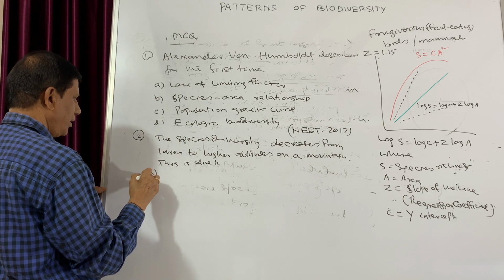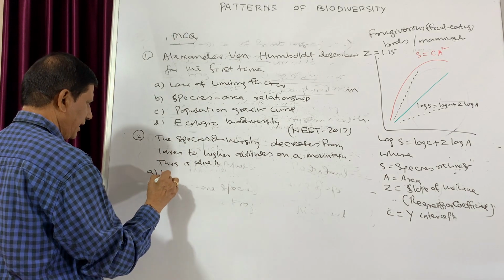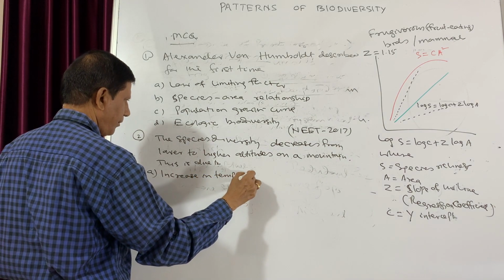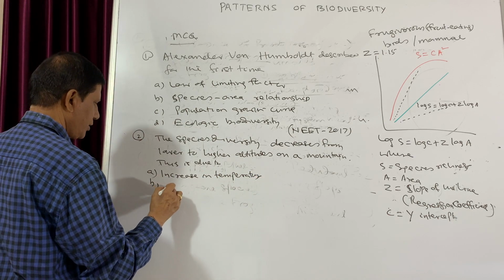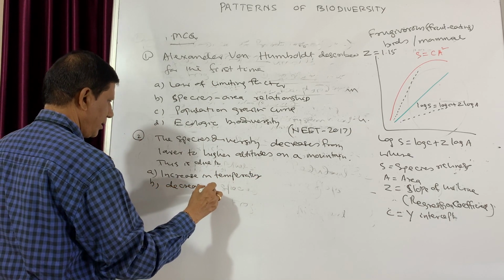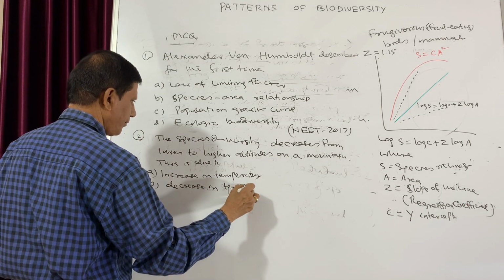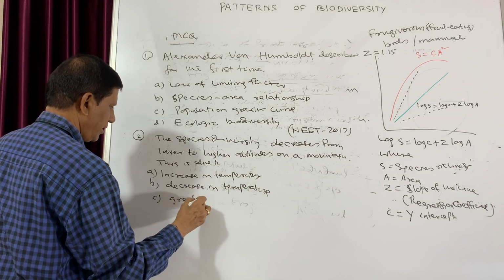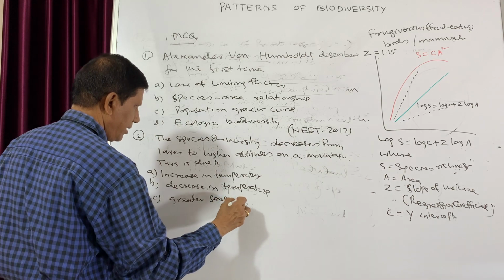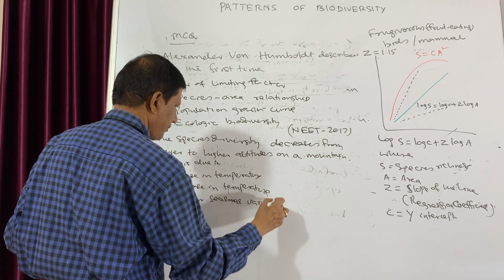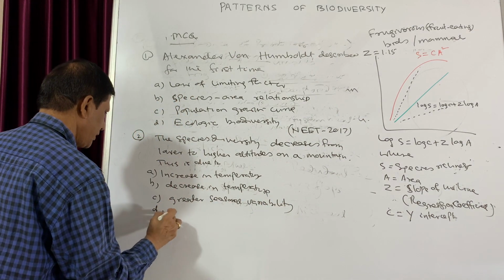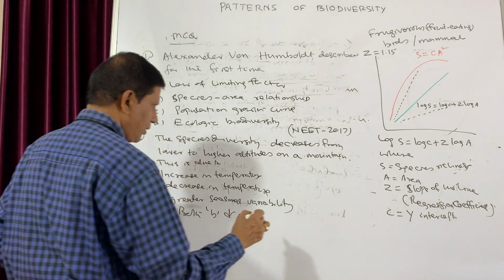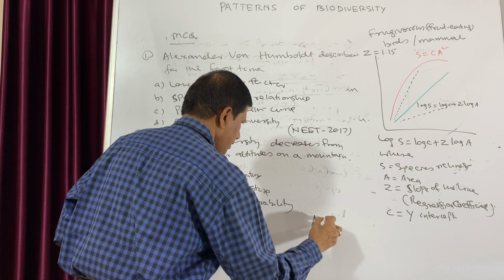This is due to: first choice, increase in temperature. Second choice, decrease in temperature. Third choice, greater seasonal variability. And fourth choice is both B and C. And this question was asked in AIIMS 2014.